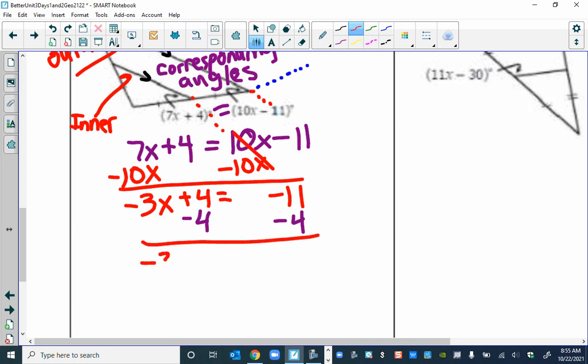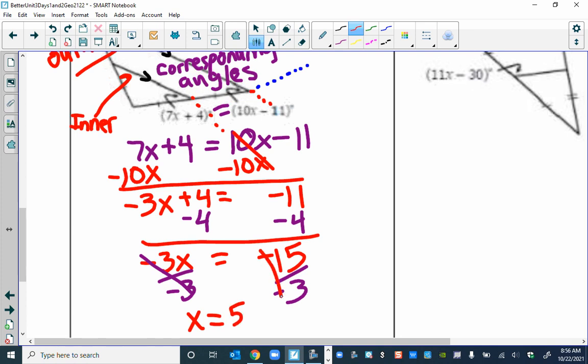So in the end, we owed 15. Now, you could have done the opposite way. Some of us did the -7x, and then +11. You would have had 15 equals 3x, but in the end, no matter how you did it, you should, regardless, get x equals 5. Remember, those negatives go away.